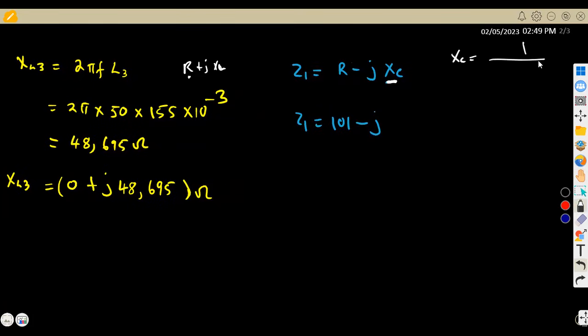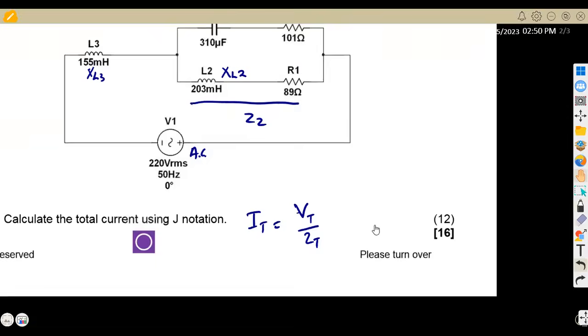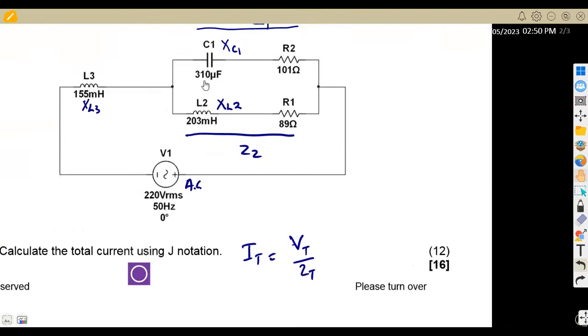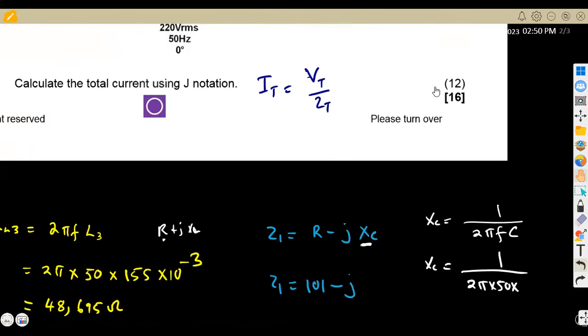That's 1 over 2 pi FC, which is there on your formula sheet. Substituting the values that we are given, remember that our frequency was 50 hertz, so it's 1 over 2 pi times 50 times the capacitance, which is given as 310 microfarads.